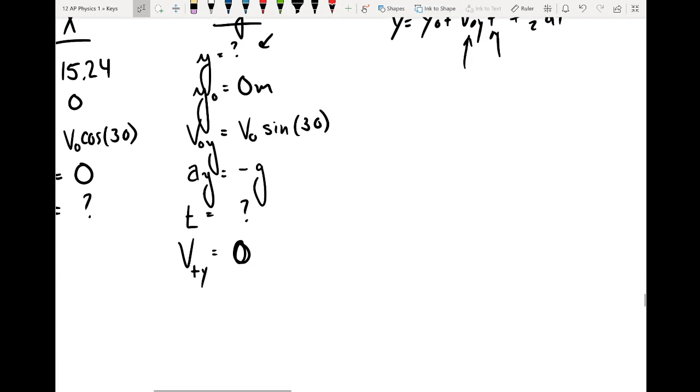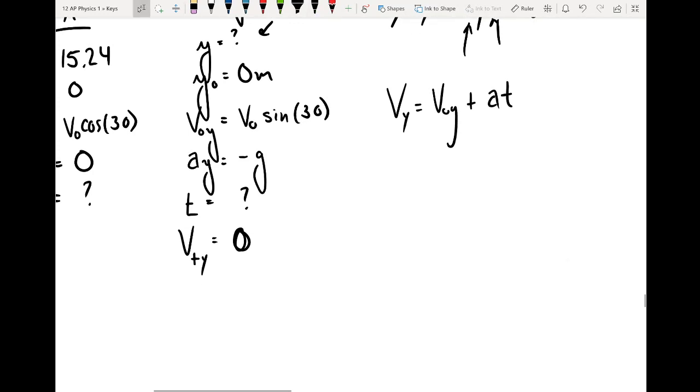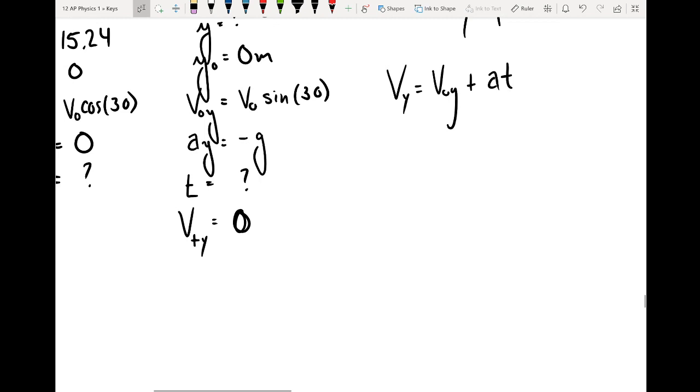So let's look at the other equation, vy equals v0 y plus at, this velocity equation. We know that we have a vy at the top of just 0, so this velocity at our final height is equal to 0. Our v0 y is v0 sine of 30 minus 9.8 times t.